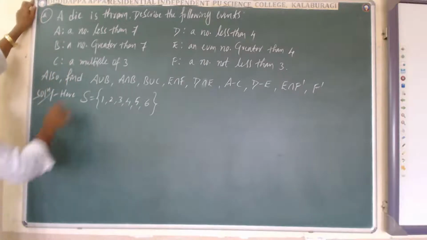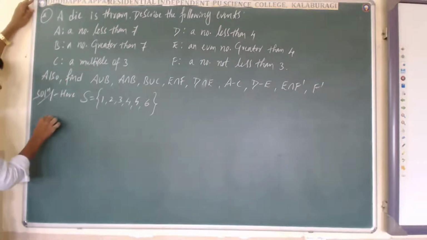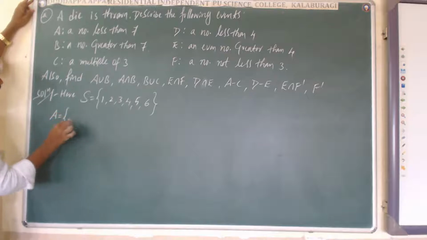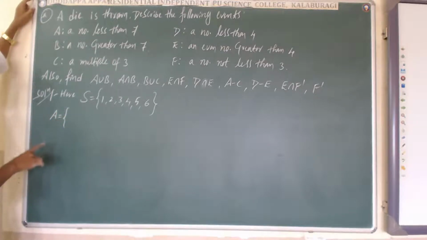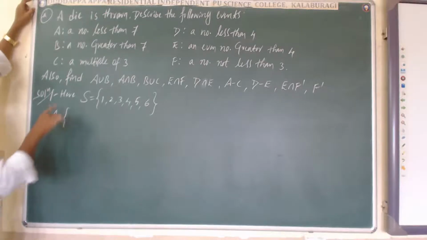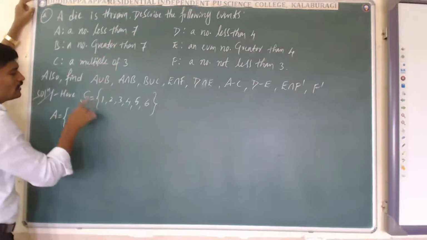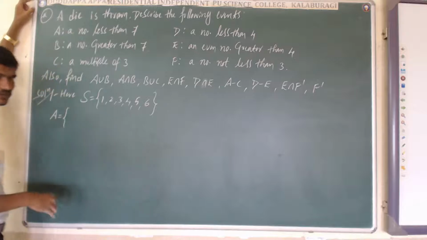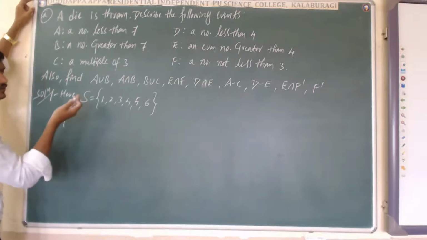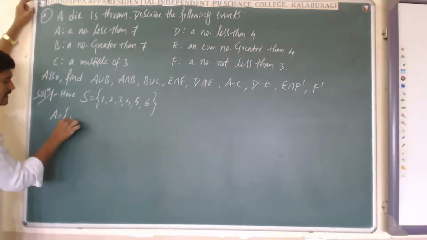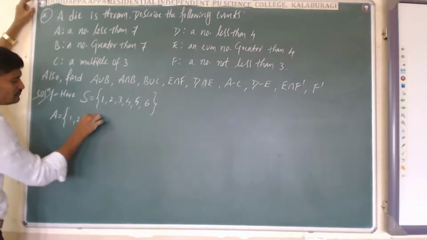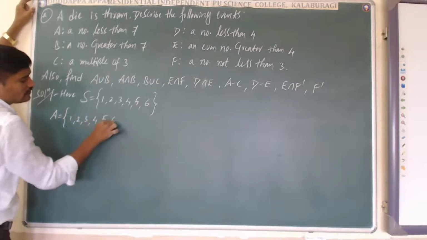Okay. Now, event A is given. Event A, number less than 7, is given. Number less than 7 means, see, in the sample space 1 to 6 numbers are there. Less than 7 means we must write those numbers only. Means we must write 1, 2, 3, 4, 5, 6.